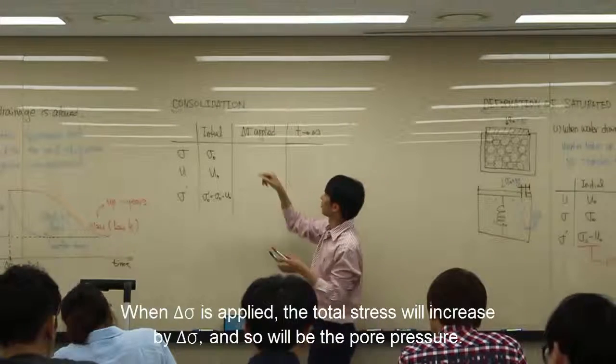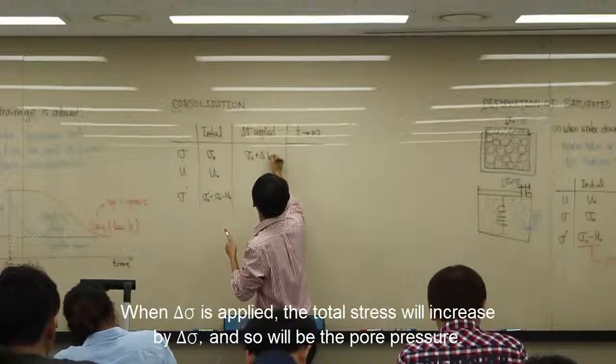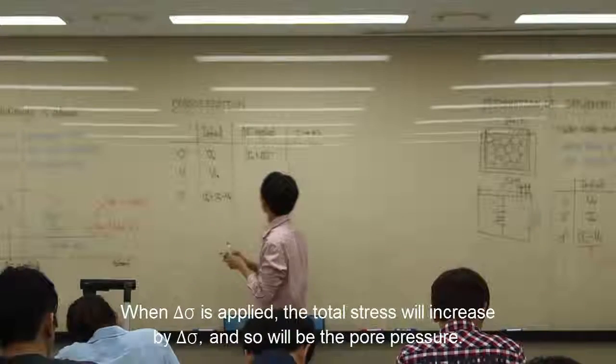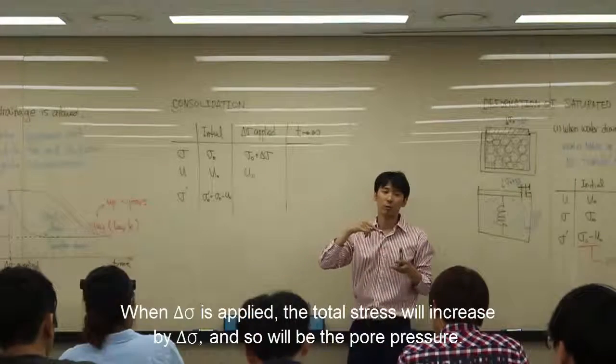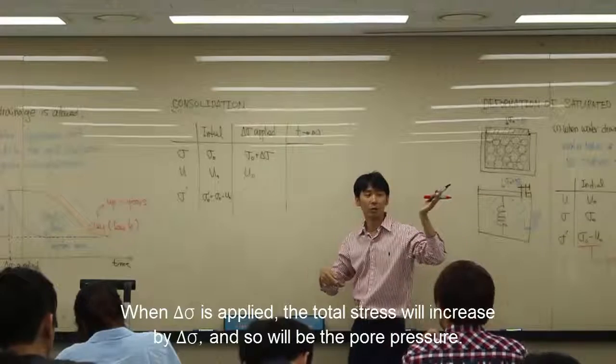When delta sigma is applied, the total stress will increase by delta sigma. And what happens to the pore pressure? Pore pressure will also instantaneously increase by the amount of the stress.